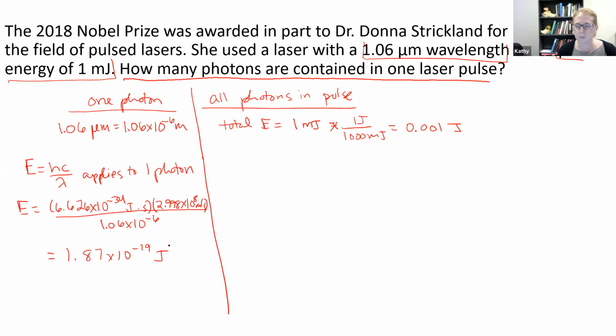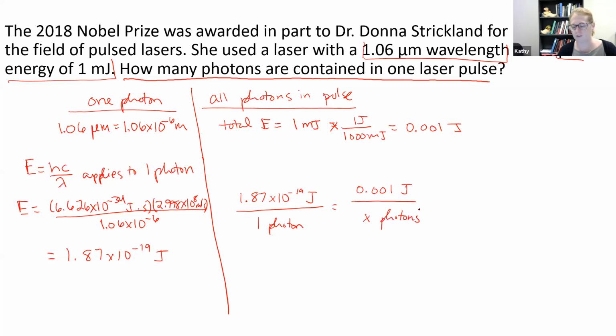Okay, so let's set up a proportion. We know that 1.87 times 10 to the negative 19 joules represents the energy of one photon. And we know that 0.001 joules represents the energy of all the photons.